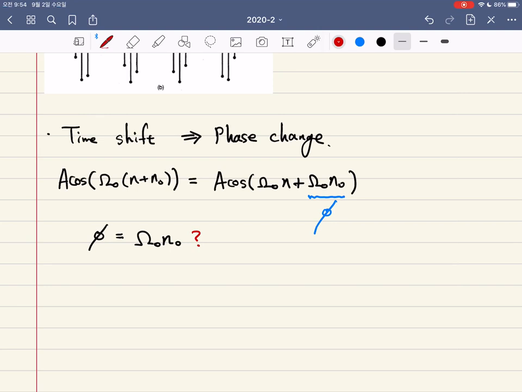We have an additional restriction in the discrete time sinusoidal signal, that n0 must be an integer.